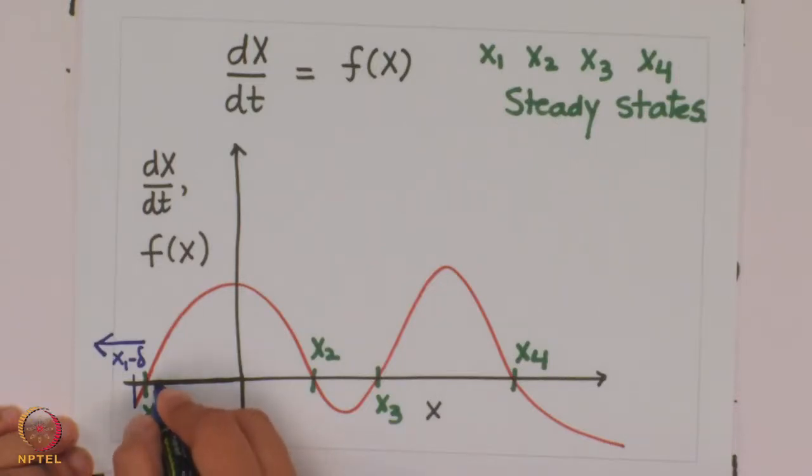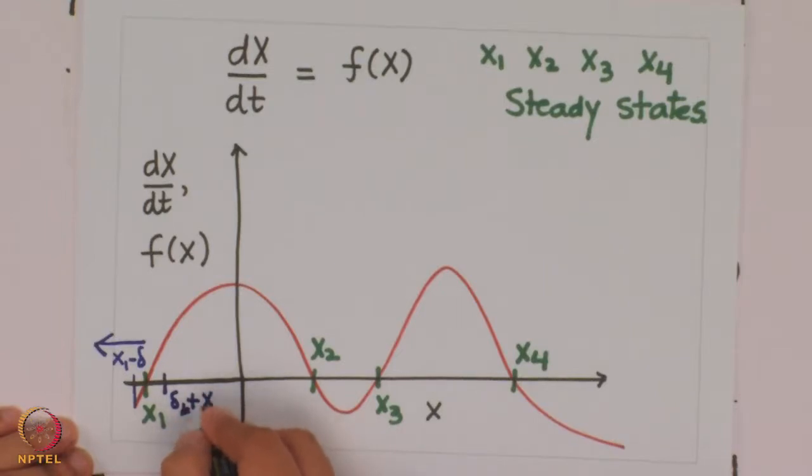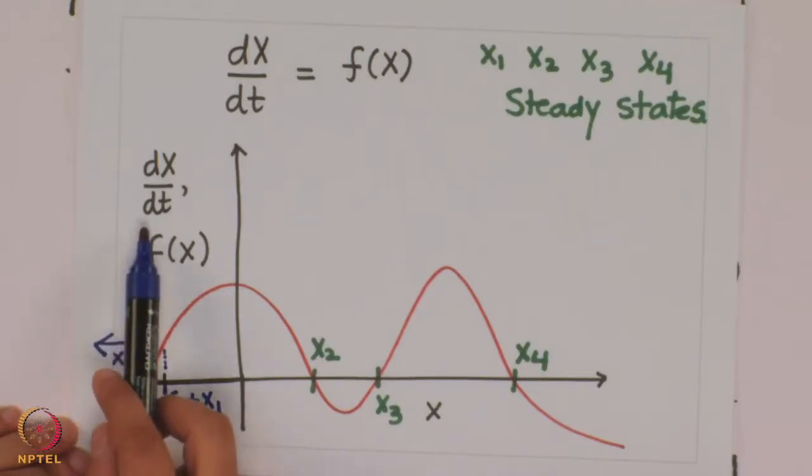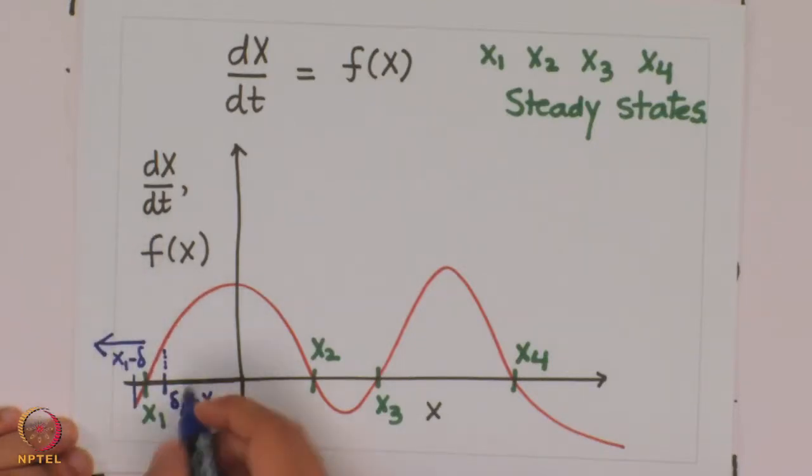What about the other direction? Now we introduce a disturbance to the right, which is x1 plus delta. Again we look at the sign of dx by dt at x1 plus delta, and we see that it is a positive number, which implies that as t increases, x also increases, and hence as we move forward in time, the value of x moves towards the right.